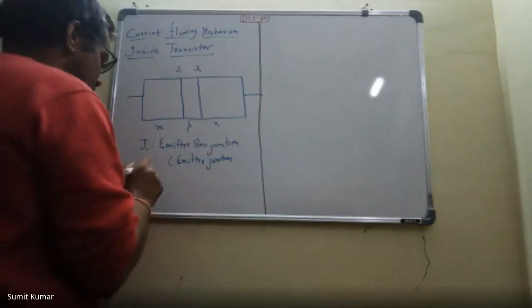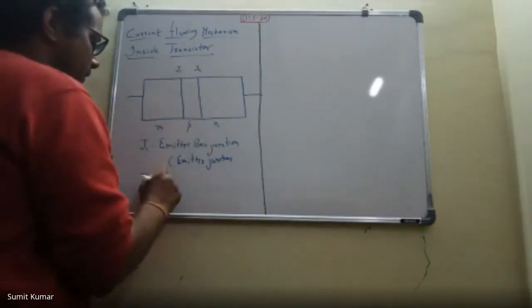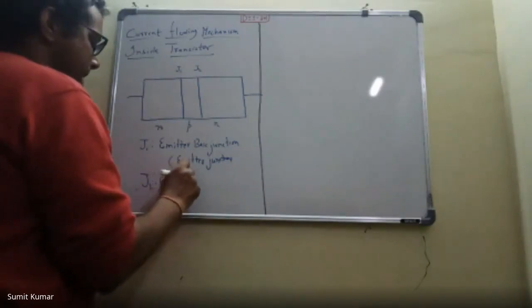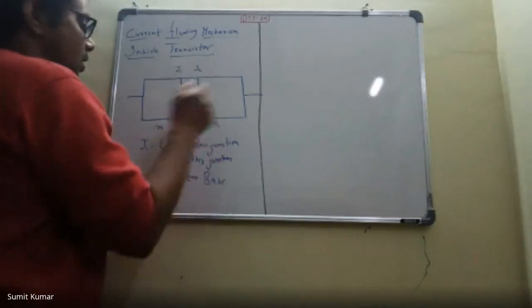This junction J2 is called the collector base junction. So this is the nomenclature.